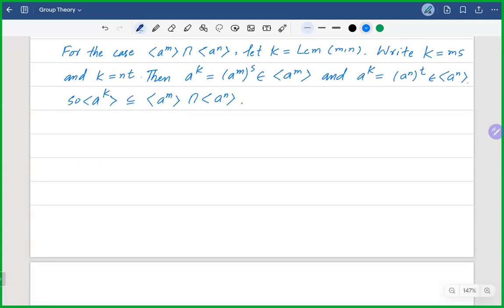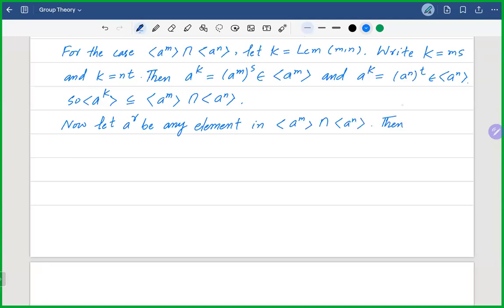Further, let a^r be any element from the intersection, then r is a multiple of both m and n.